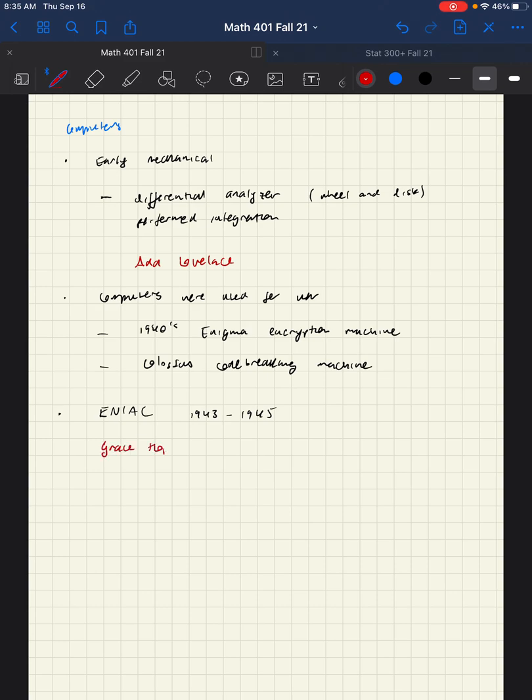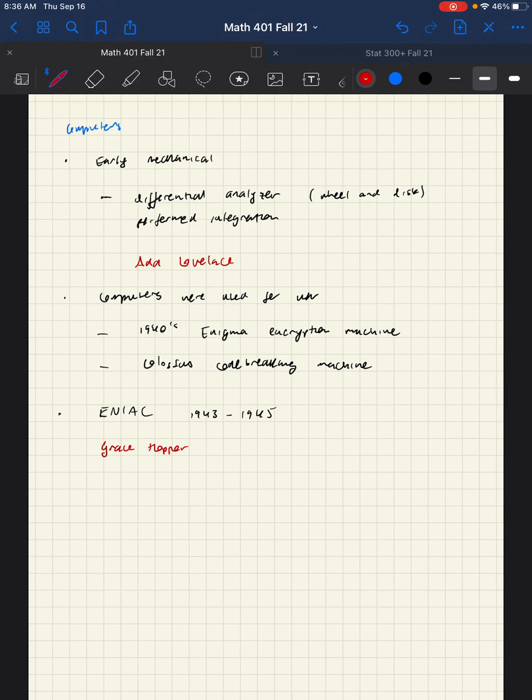And one really instrumental name here, Grace Hopper, who was responsible for the first programming language compiler. So a massive leap in development in terms of computer science, actually, in this moment. I'll go back for a second.